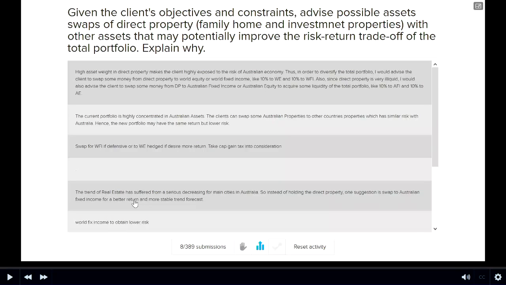Go back and have a look at your own assignment model or at these summary statistics from tutorial 2. Have a look at the historical average return of property and Australian fixed income and at the expected returns. Is that the case? A better return and stable trend forecast. Probably you mean stable return or stable cash flow. So lower standard deviation. Have a look at the historical summary statistics before you make such claims.